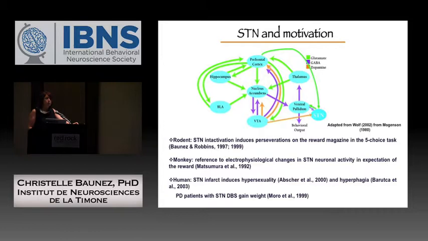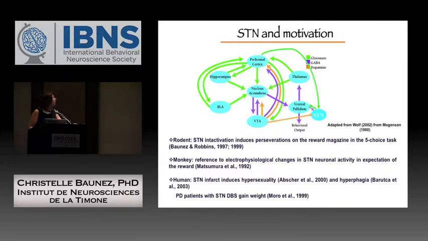In the monkeys, there was one paper by Matsumura reporting changes in the neuronal activity within the STN while the monkey performing an oculomotor task was expecting its reward at the end of a correct trial. And in the human literature, there were actually, but that's more recent data, showing that an infarct at the level of the STN can induce hypersexuality or hyperphagia.